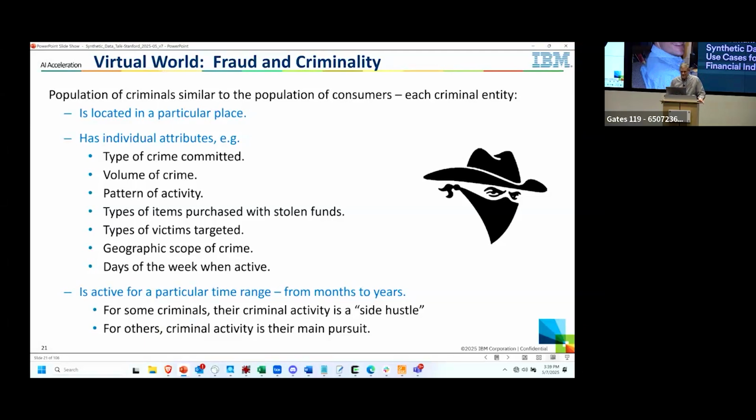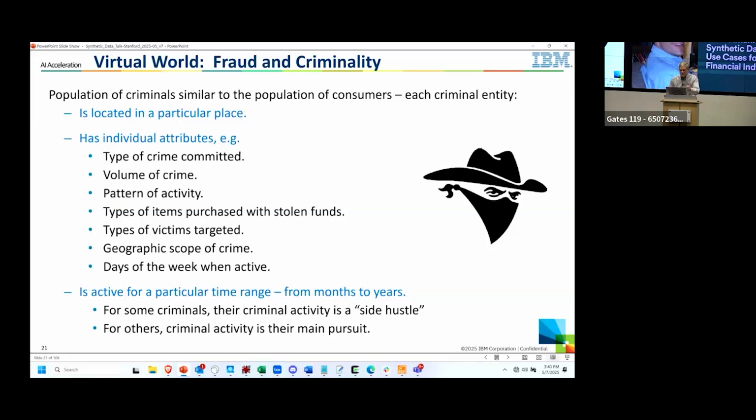And just like the rest of the population, these criminal entities, and sometimes it could be one person, sometimes it could be a whole collection, they've all got their own attributes, again, in terms of the frequency of their operation, what they specialize in, where they do it, the times over which they're active, and so forth. And of course, then how they maybe try and launder their ill-gotten money.